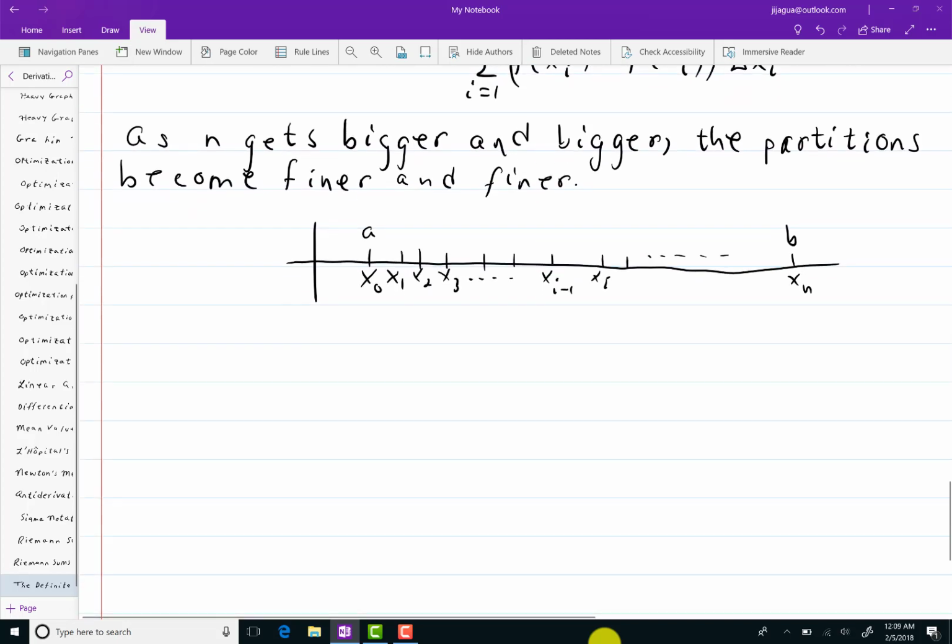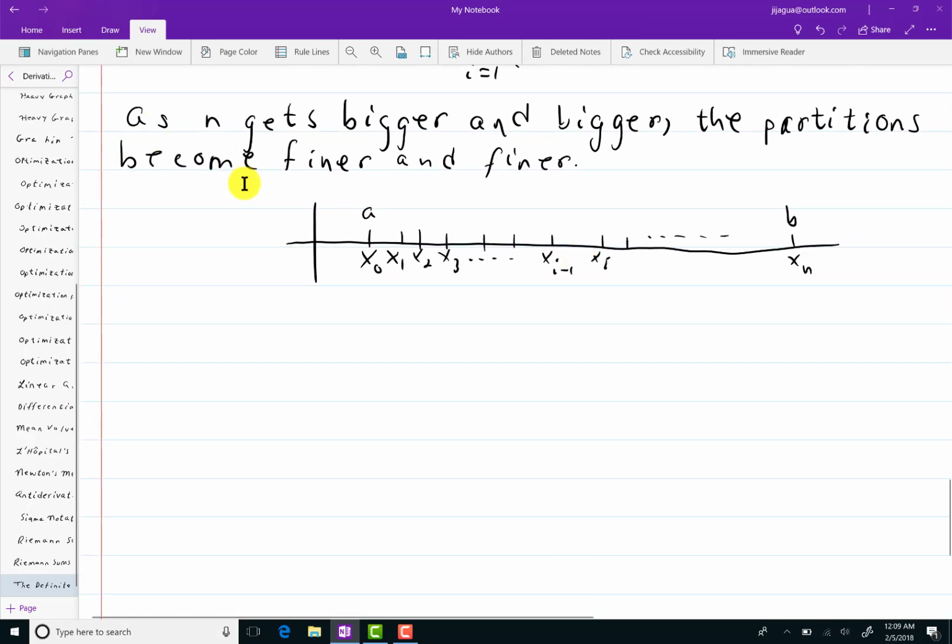What's going to happen is we're going to require that as n gets bigger, you're going to add more division points in the partition. And we're also going to require that all of these subintervals, every last one of them, tend to 0 as n goes to infinity. So not only are we adding more division points, we're going to require that the distance between the beginning and end of each and every one of them goes to 0.